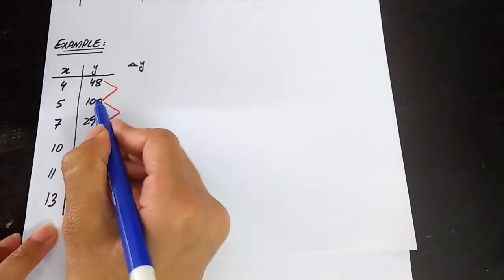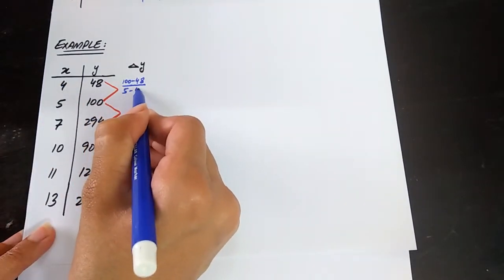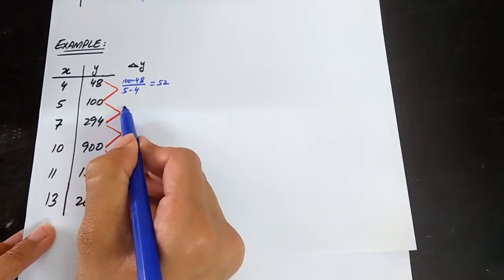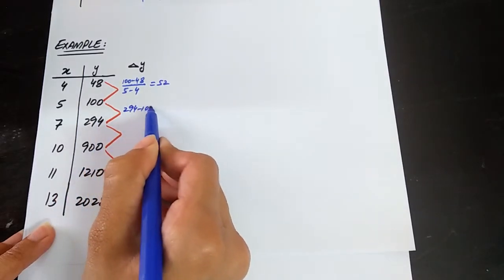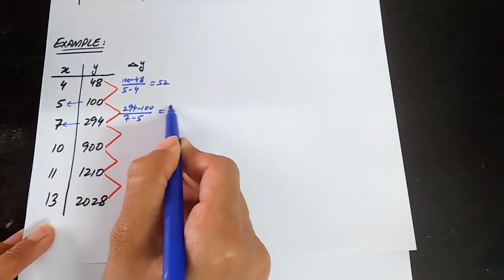It will be equal to 100 minus 48 divided by 5 minus 4, that will be 52. Now, second and third, that will be 294 minus 100 divided by 7 minus 5. That will give me 97.